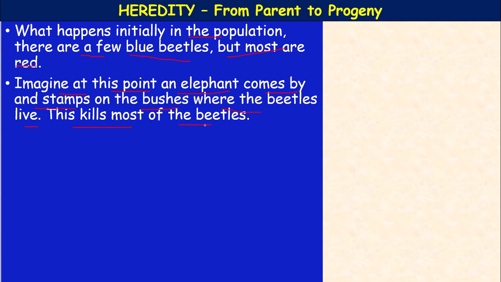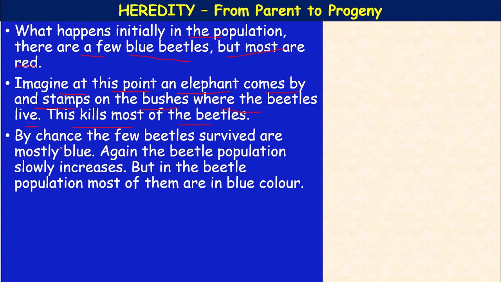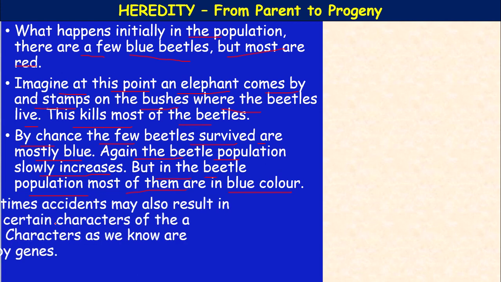This kills most of the beetles, isn't it? By chance, the few beetles that survived are mostly blue. So, again the beetle population slowly increases, but in the beetle population most of them are blue in color.